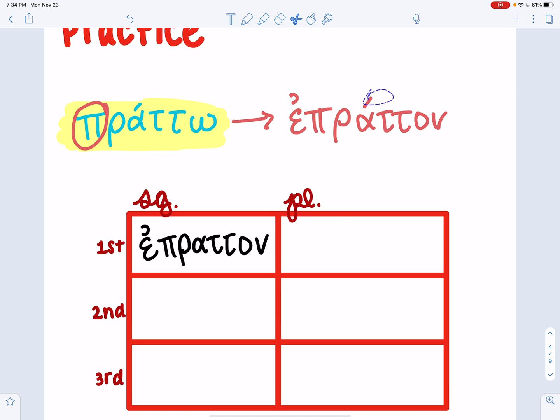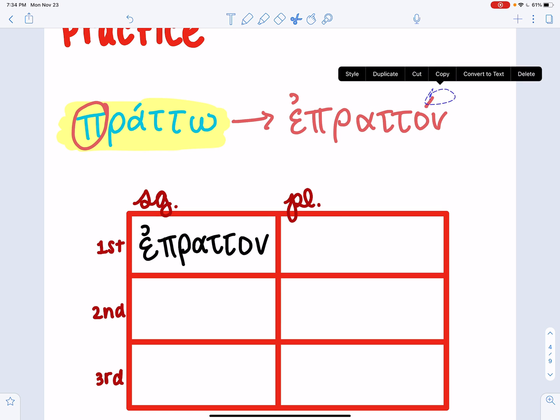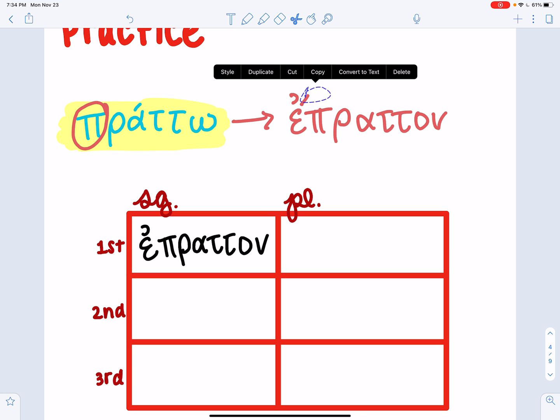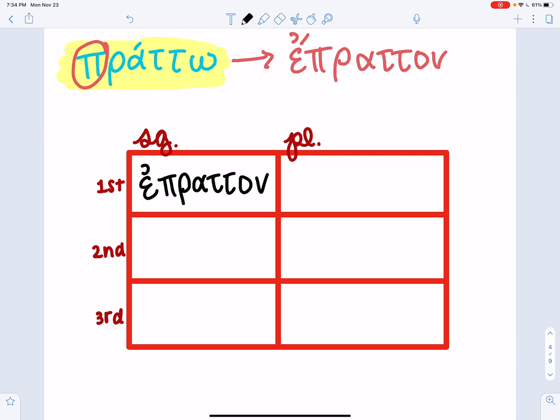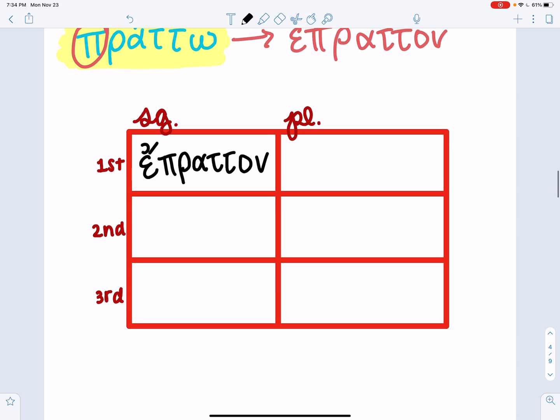Okay, let's start back at the beginning so we don't continue to mess this up. We put our accent on the last syllable, and that omicron, like we always know, is short, so we're going to move back 2 syllables. That was my bad. So, now we know that our accent goes here, and we can move on to second person singular.